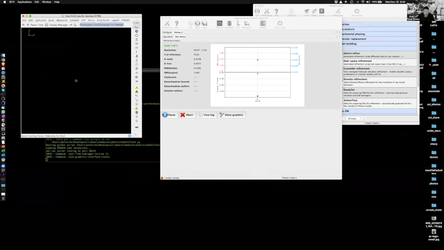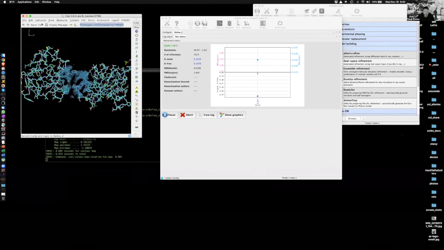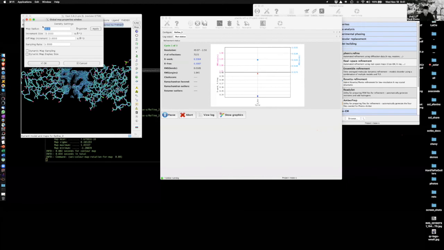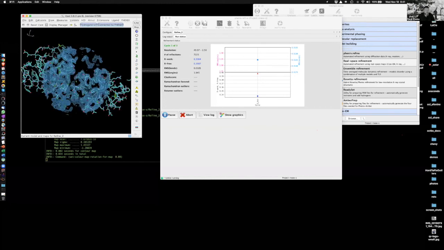It takes a little time to load all the data and calculate initial maps. And then, I like to make the map bigger. You may set that up in your permanent preferences in Coot. But that's your map.